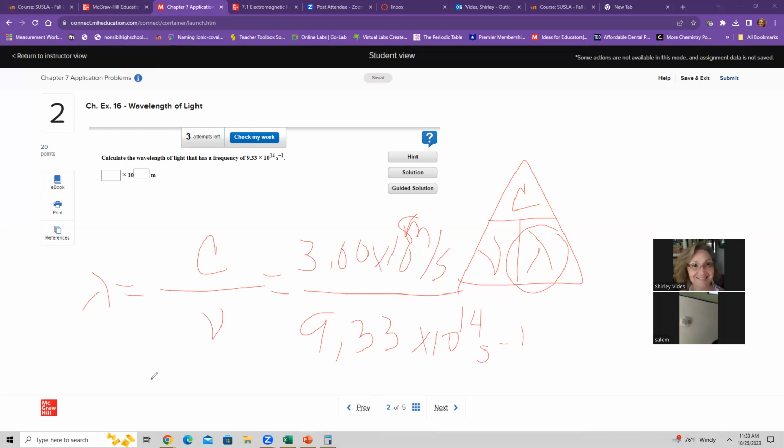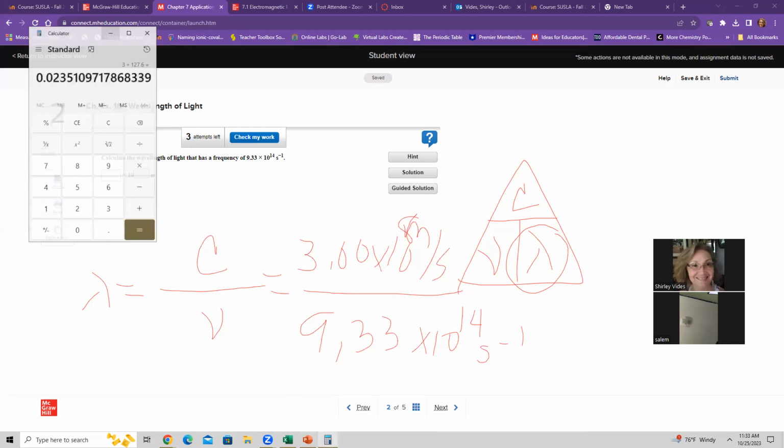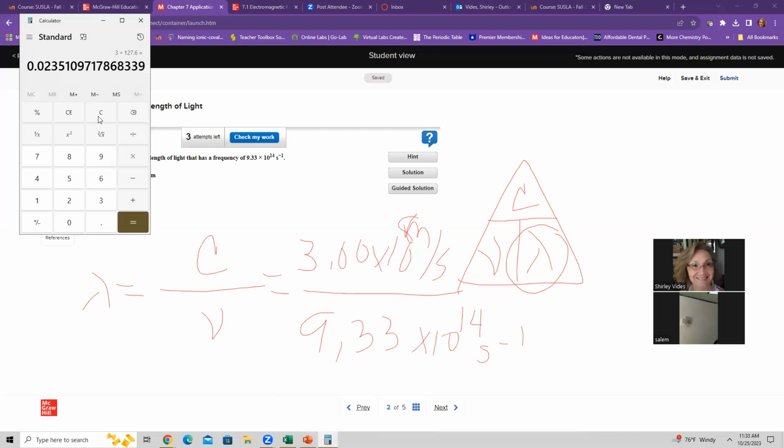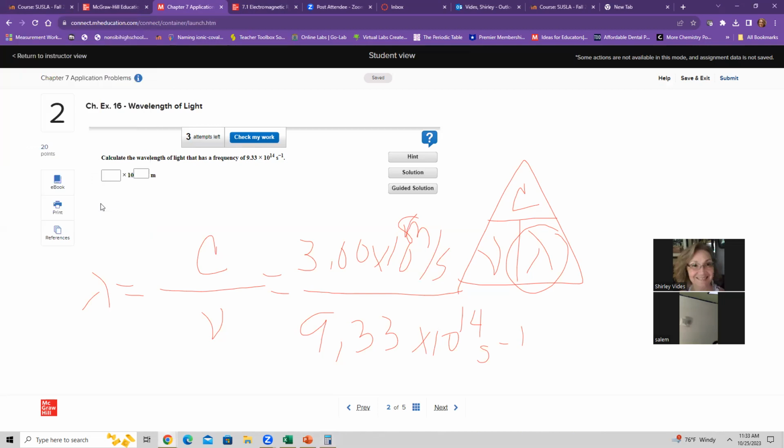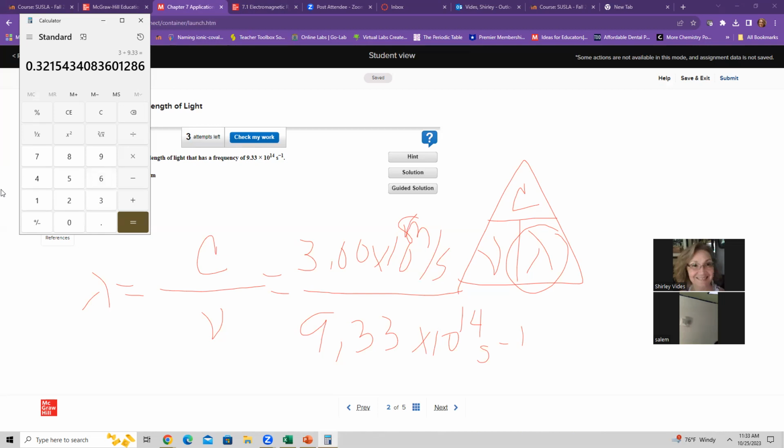For now, it's all we need because we can't do the other part with this calculator. So it's 3.00 divided by 9.33. Okay, so that is equal to, and we only need 3 sig figs, 0.322.